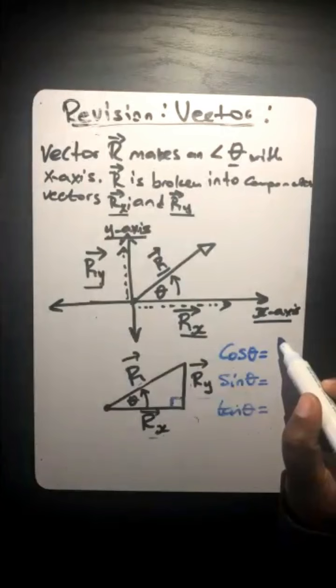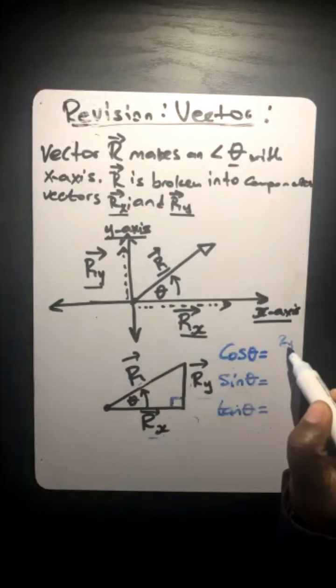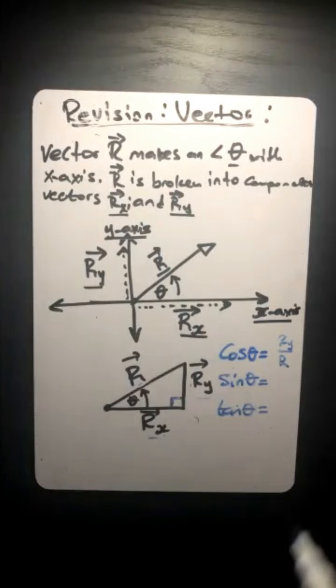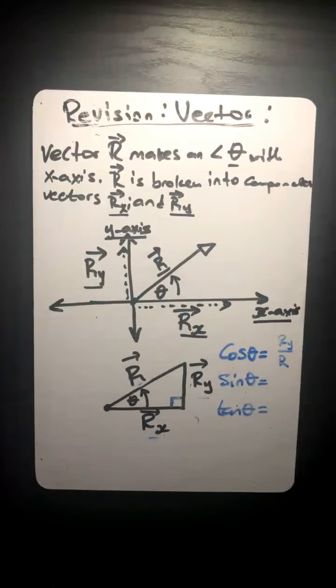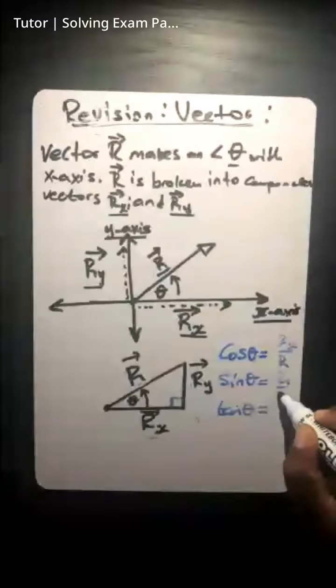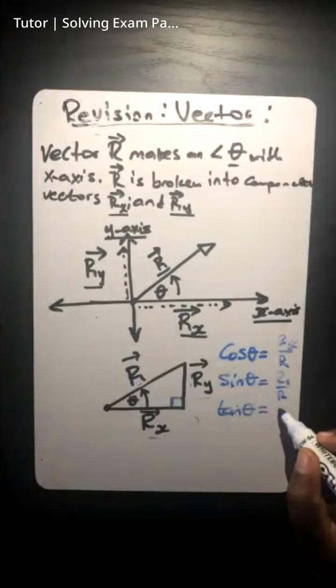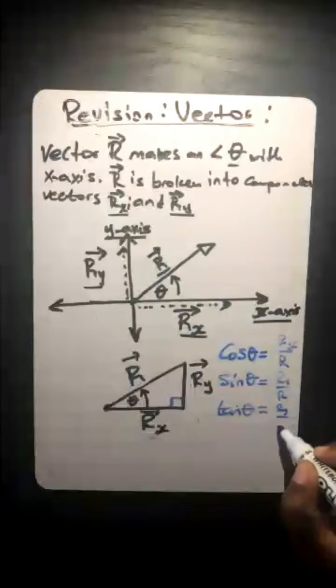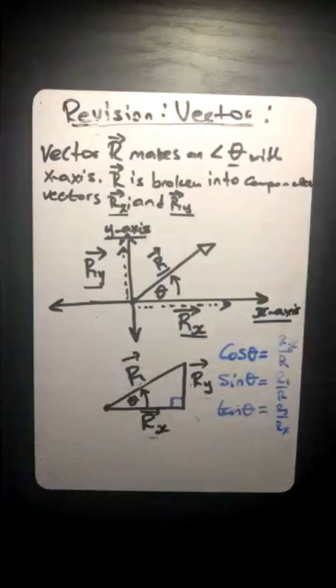So she says for cos theta is going to be Ry over R. No, wait, it's going to be Rx over R. So it's going to be Rx over R, and then this one is going to be Ry over R. This one, obviously, Ry over Rx.